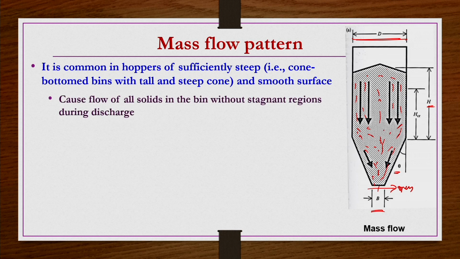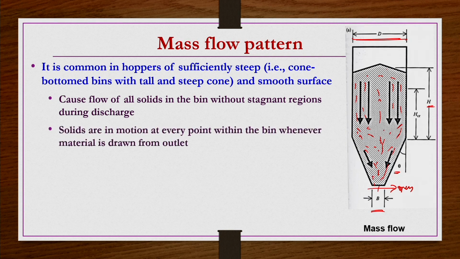So, they cause the flow of all solids in the bin without stagnant regions during the discharge. When you start opening, the flow is initiated; the moment the very first layer at the bottom comes out, a disturbance is created, and that is transferred to the entire area occupied by solids, and then the entire material will be under a certain flow condition.